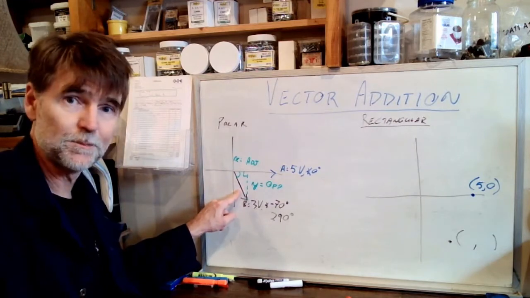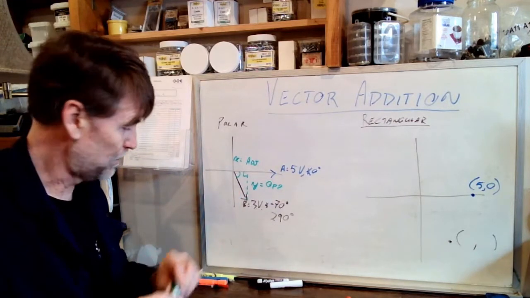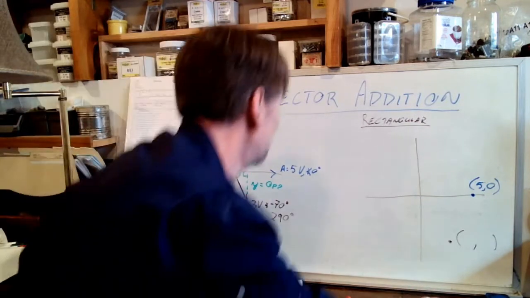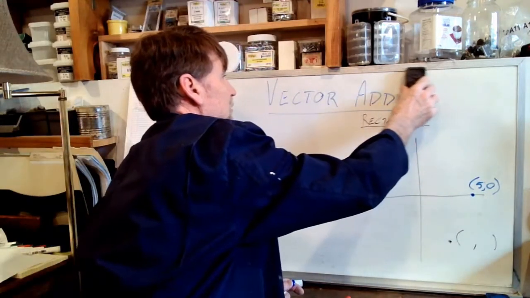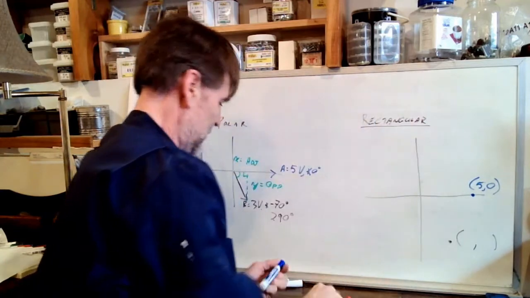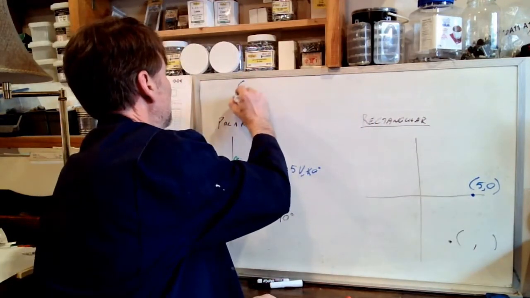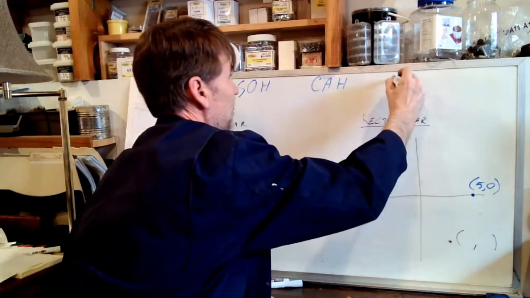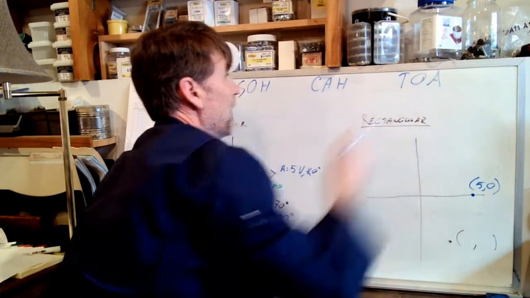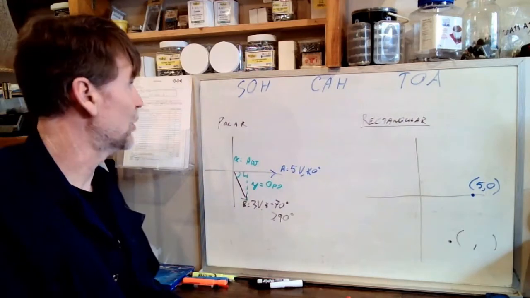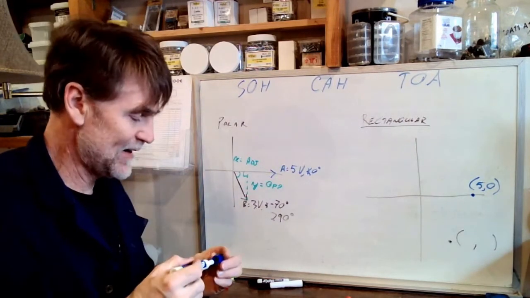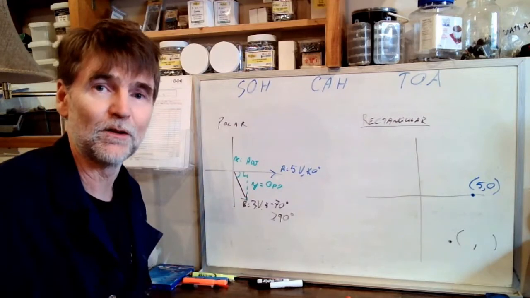So what I like to do when we get into this math is find a spot to do this. Start right there, SOHCAHTOA. I always go back. I don't shortcut anything. I start at the beginning every single time.